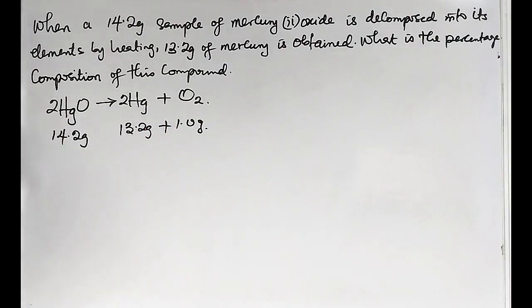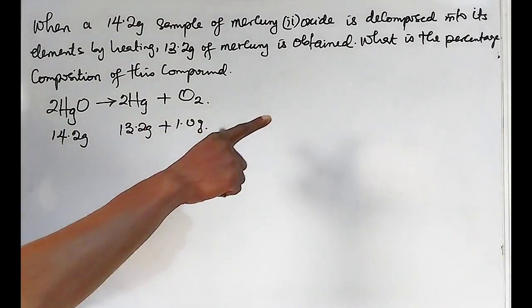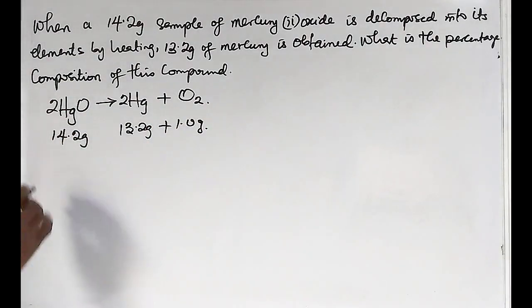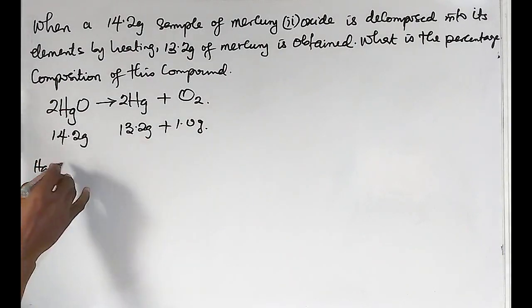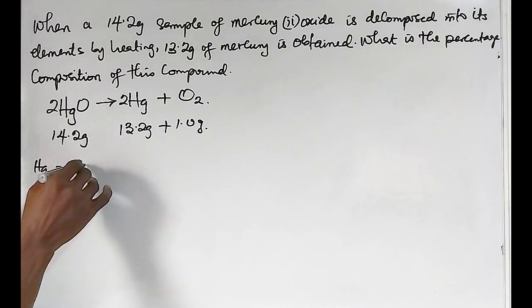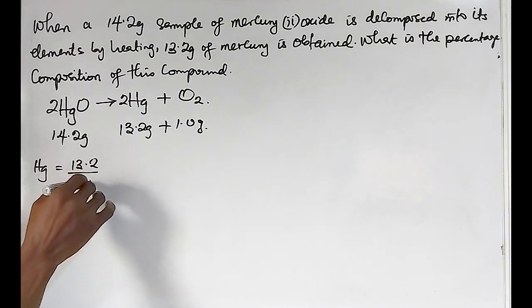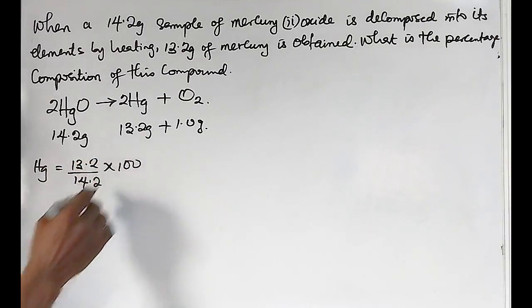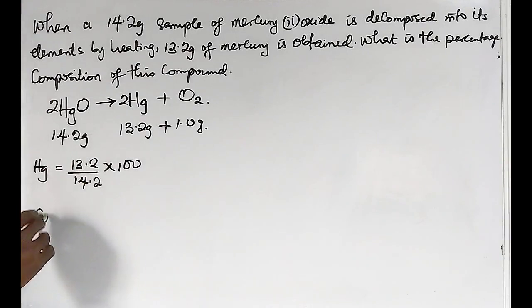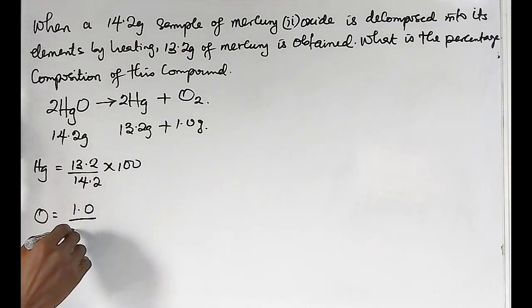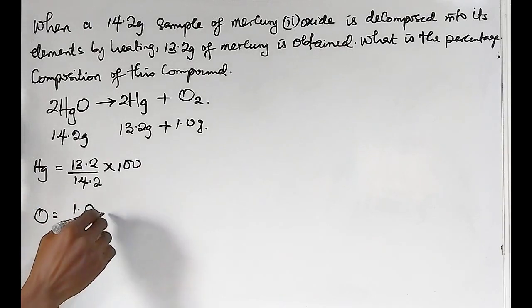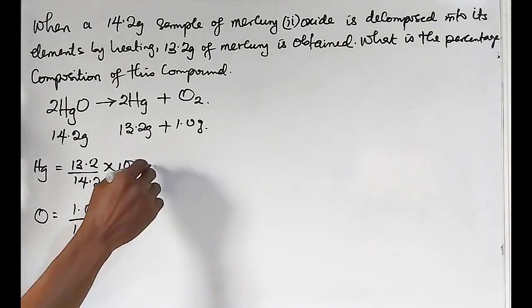To this end, for the percentage composition of the compound, for mercury, since we've been given the mass already, we have 13.2 over 14.2 times 100%, and that of oxygen will be 1.0 over 14.2 times 100%.